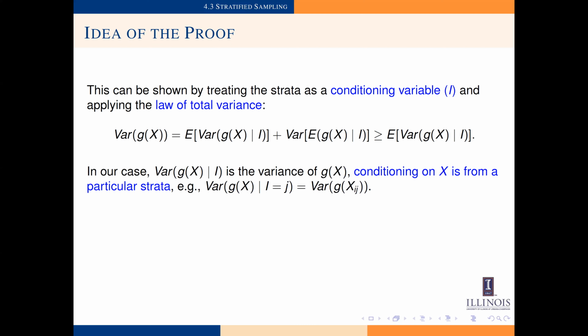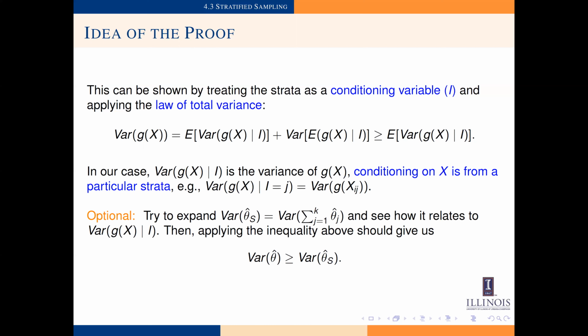It's the conditional variance of g(X) conditioning on X being from a particular stratum. So for example, the variance of g(X) given I equal to j is the same thing as the variance of g(X_ij), where X_ij is a draw from the jth stratum.